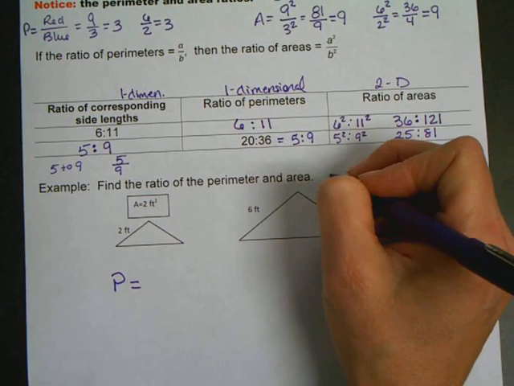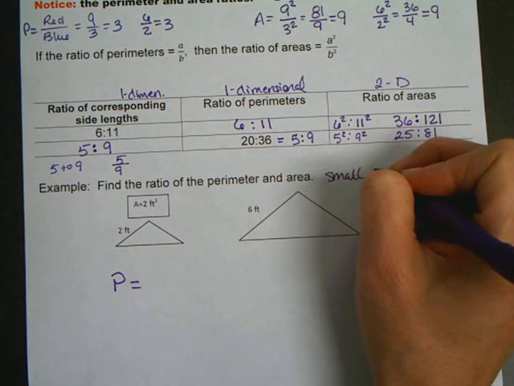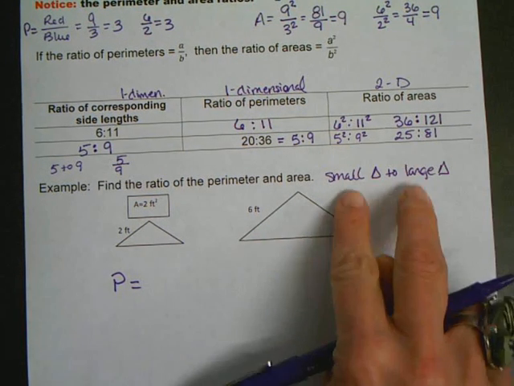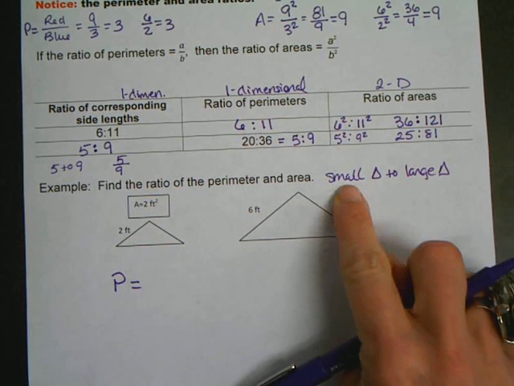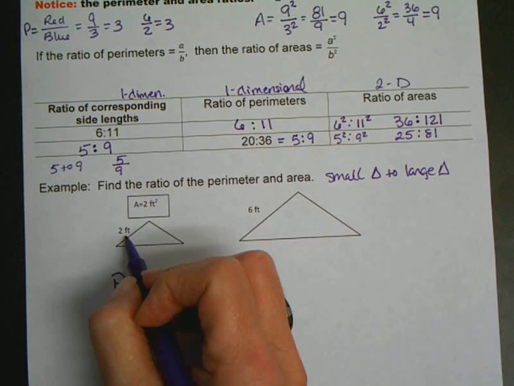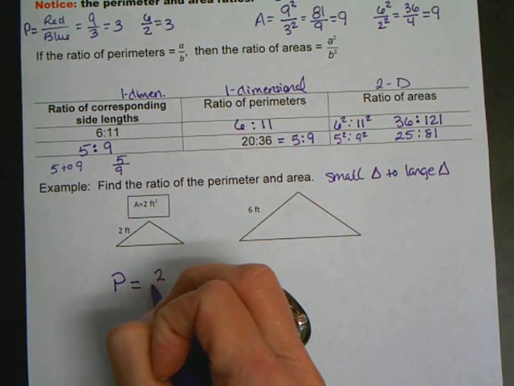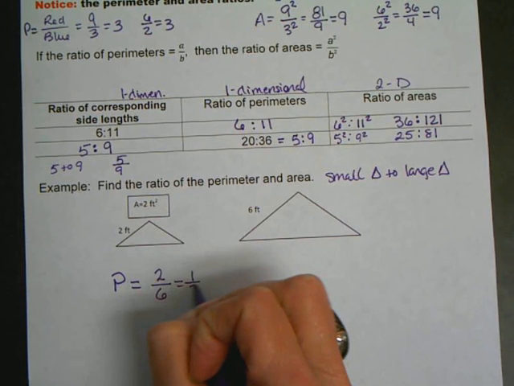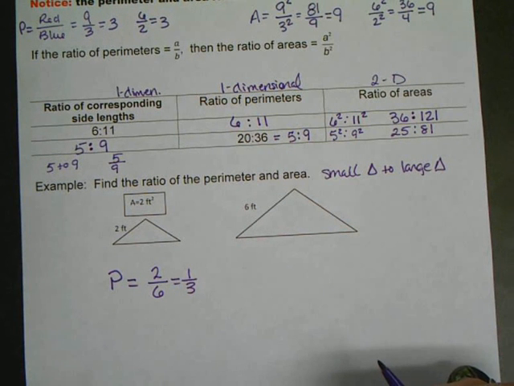Since I said small triangle first, that number comes first in the ratio. So my side length is 2, my side length here is 6, and 2 to 6 reduces down to 1 to 3. So our ratio for our perimeter is 1 to 3. In other words, this one is 3 times greater than our other one, or the perimeter of this is 1/3 the length of the bigger one.